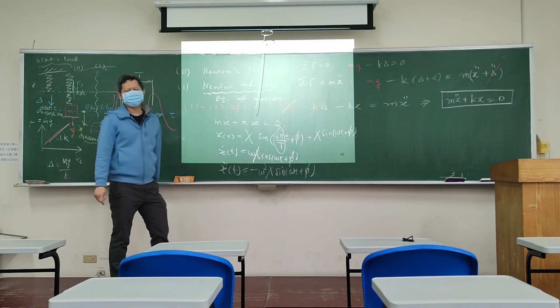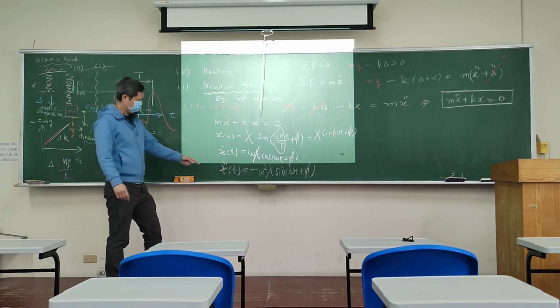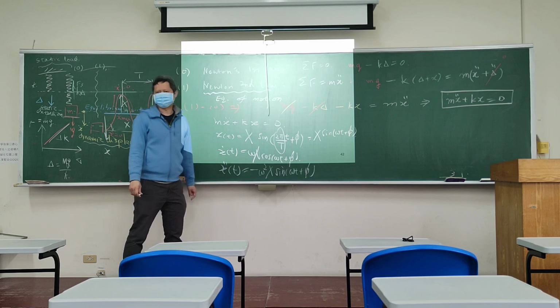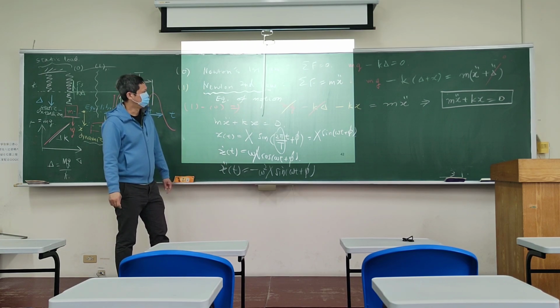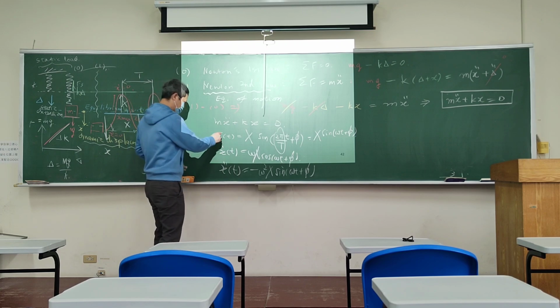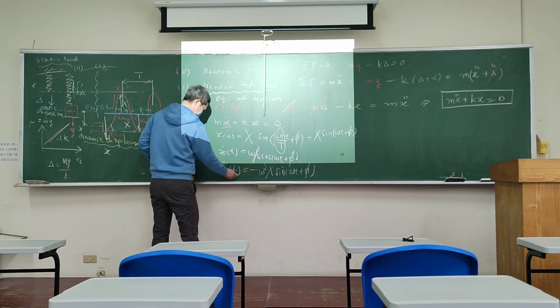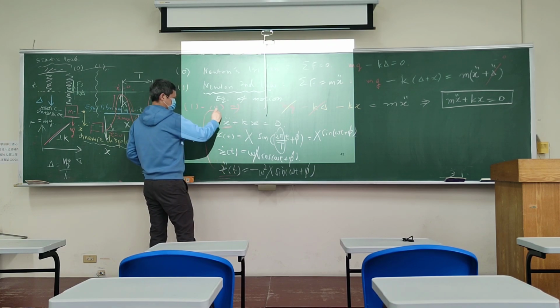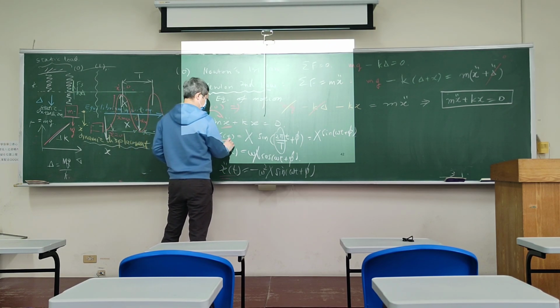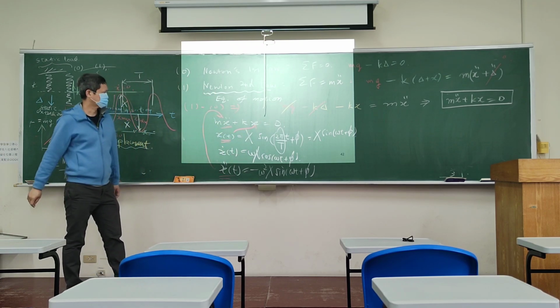Because you're differentiating the cosine function of time, the derivative becomes a sine function of time. So you can see what is going to be applied. This is the acceleration term. This is the displacement term.